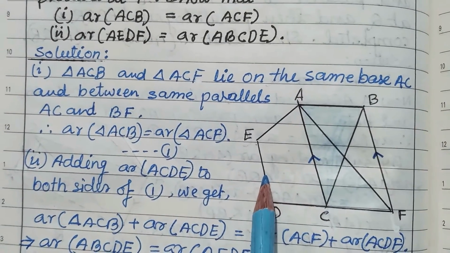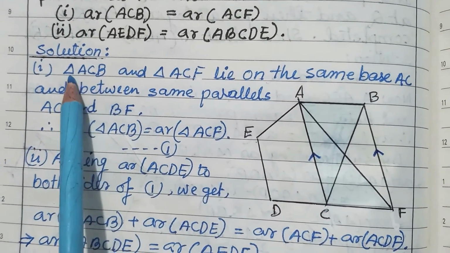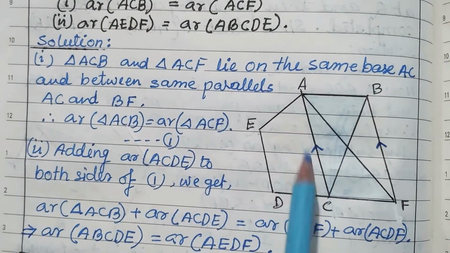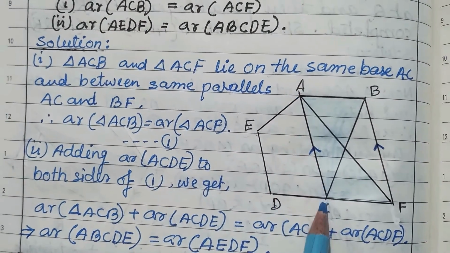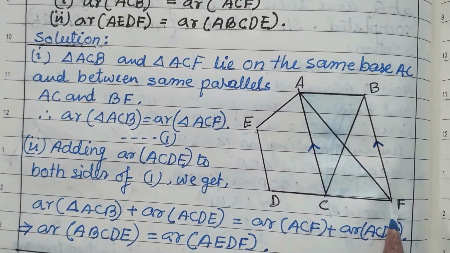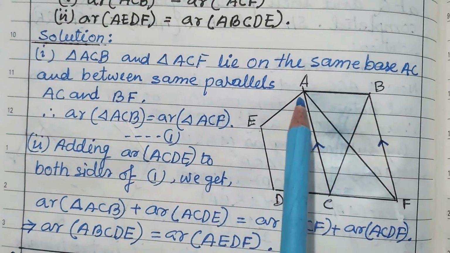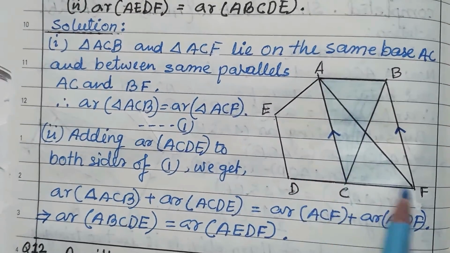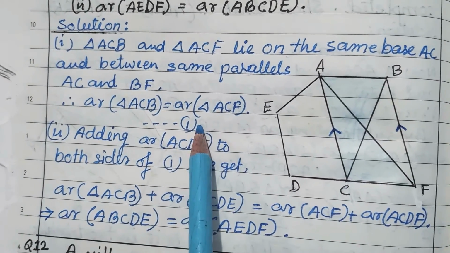Now, triangles ACB and ACF are on the same base AC and between the same parallels AC and BF. Therefore the area of triangle ACB is equal to ACF. It's the first relation.